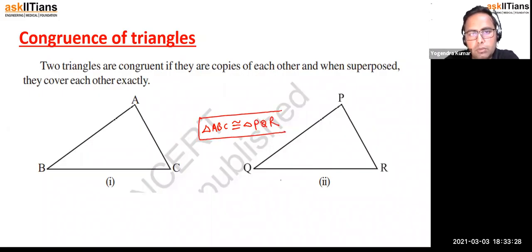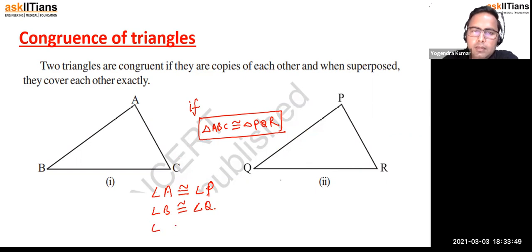If they are superimposing each other, then angle A is equal to, or congruent to, angle P. Angle B is congruent to angle Q. Angle C is equal to angle R.